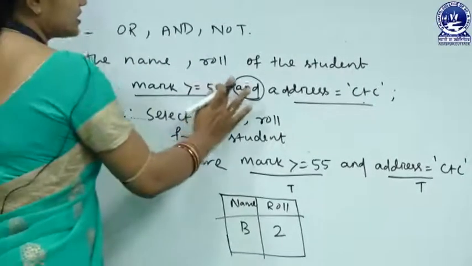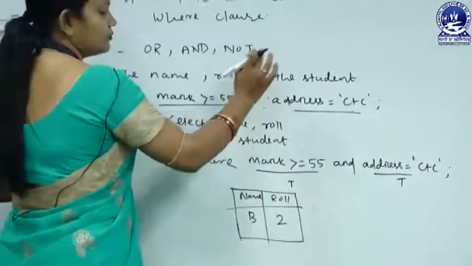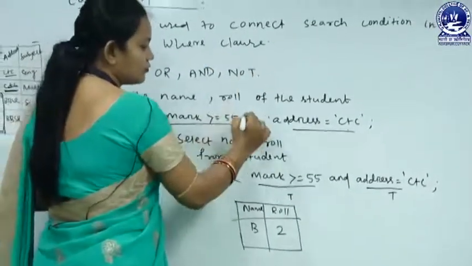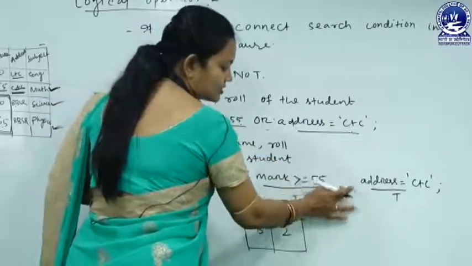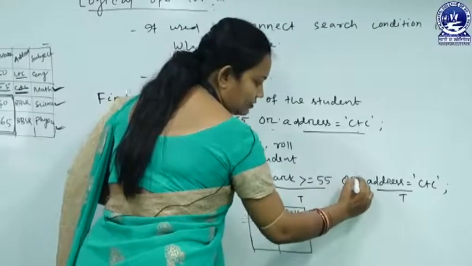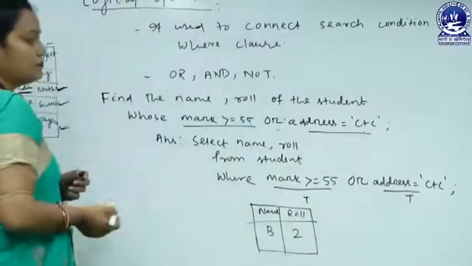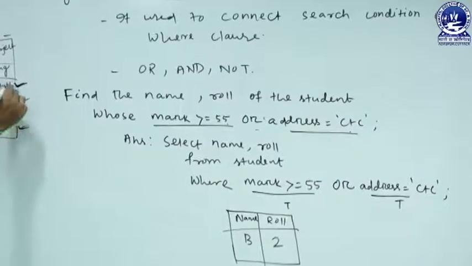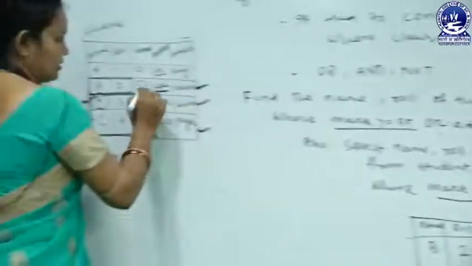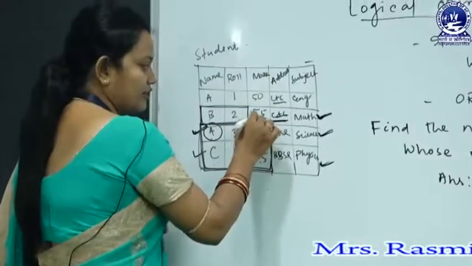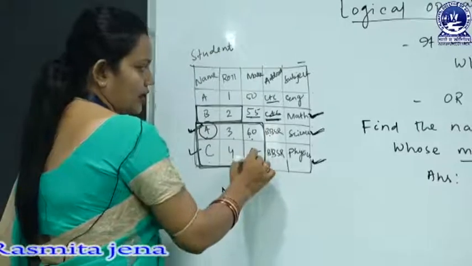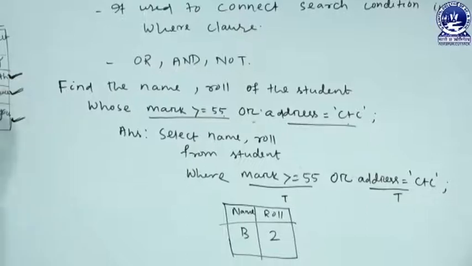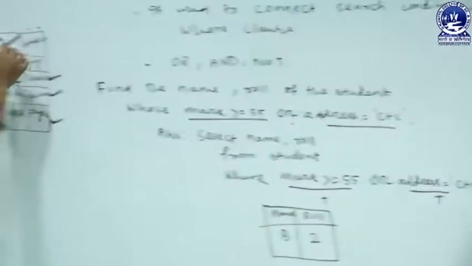Similarly, if the question is given, find the name and roll of the students whose mark is greater than equals to 55 or address equals to CTC, then instead of AND, you have to write OR. Then what will the result be? By satisfying mark greater than 55, that is tuples 2, 3 and 4, and the second condition address equals to CTC, that is tuple 1.